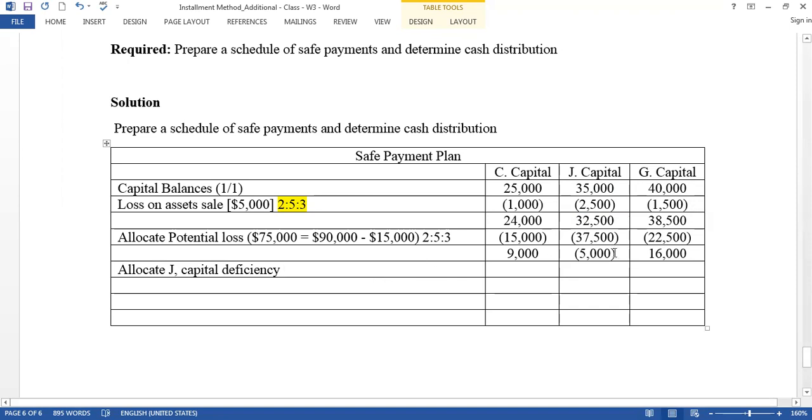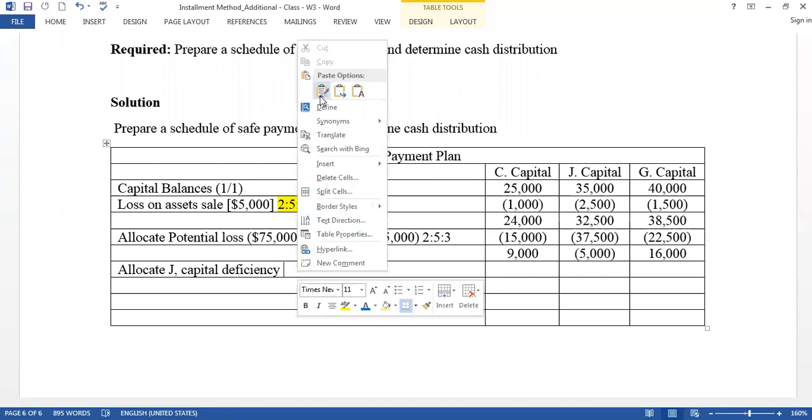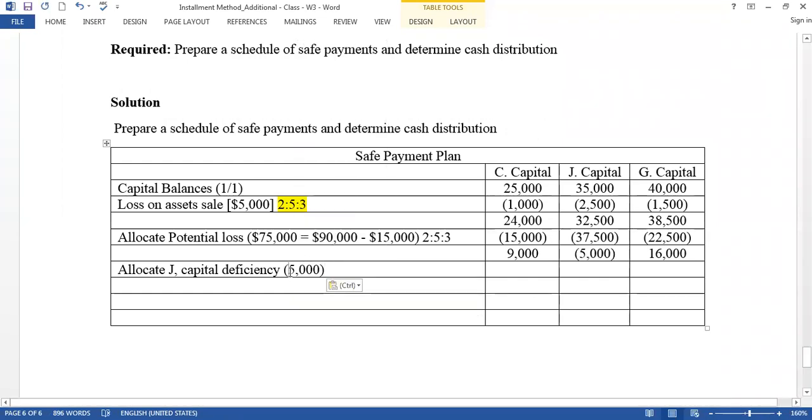It is $5,000, and it is going to be shared by C, whose ratio is 2, and by G, whose ratio is 3. 2 and 3, clear? So he is going to receive $5,000 capital, not $5,000 cash.